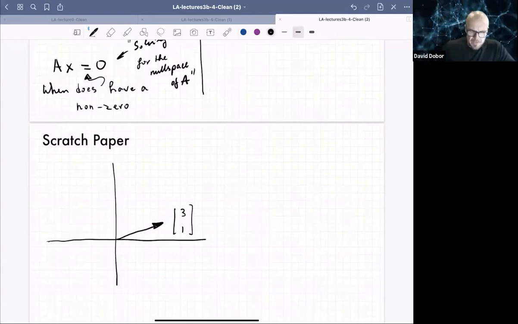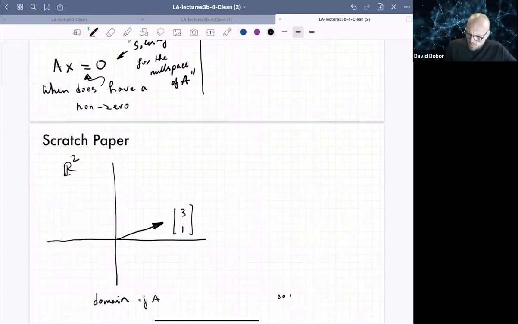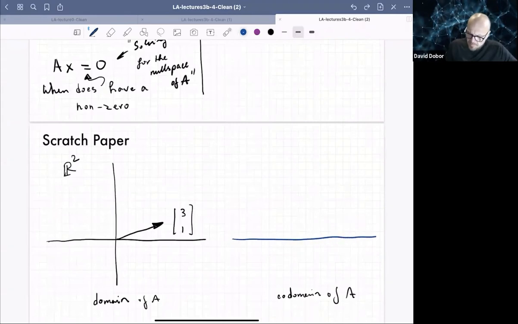When A is applied to it, this R2 is the domain of A, and these are the images, the codomain of A. Let's draw it in a different color, blue. So here's the codomain. A acts on the vectors in this R2 on the left, and out come the blue vectors.